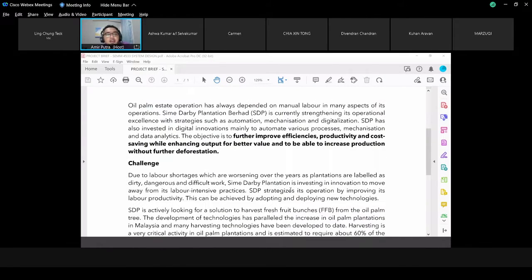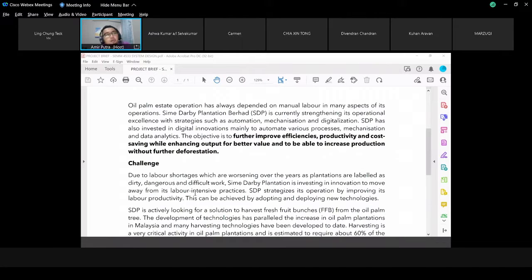Okay, the challenge is that due to labor shortage, which is worsening over the years as plantations are labeled as dirty, dangerous, and difficult work. All right, so Sime Darby Plantation, SDP, is investing in innovation to move away from its labor intensive practices.